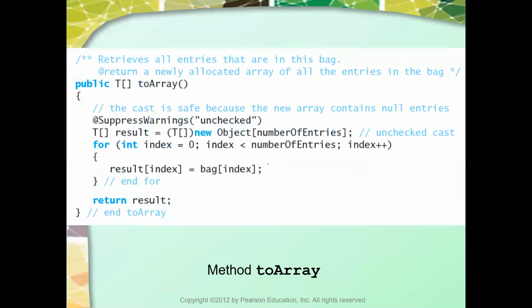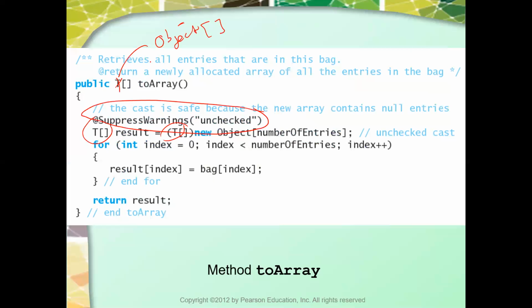The toArray method is interesting. We're going to talk about this, there's all these interesting things here to suppress warnings. I'll explain what that means later. But here we're trying to create an array of type T, which is the type of this thing. Actually, there's sort of a mistake here in the slide. This should actually be an object array, not an array of type T. That has implications.